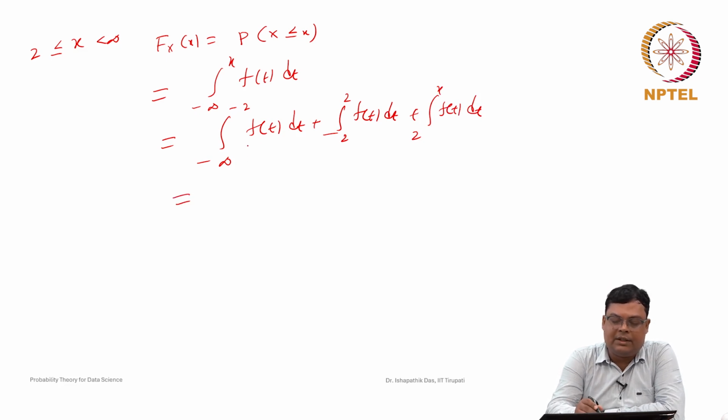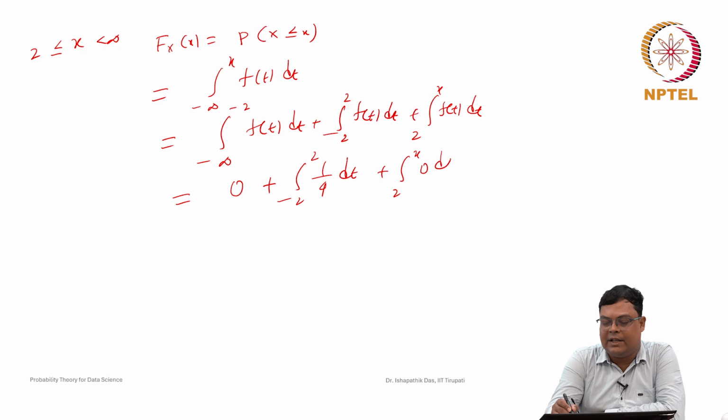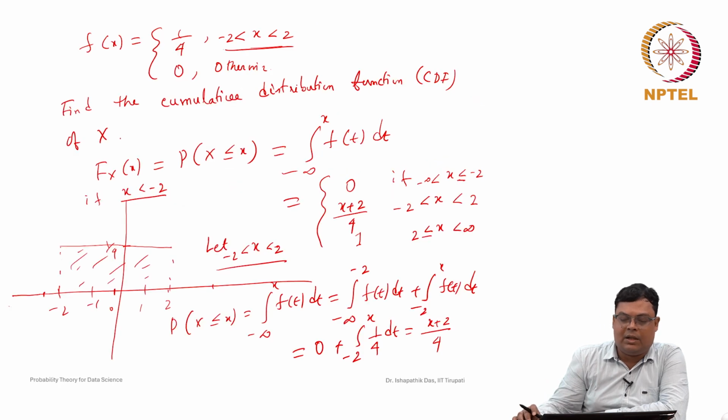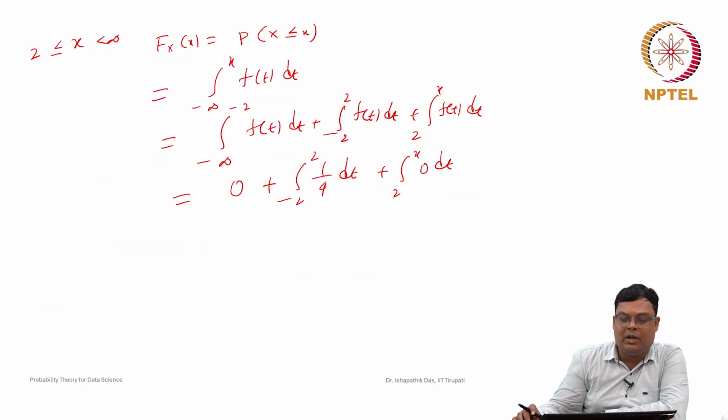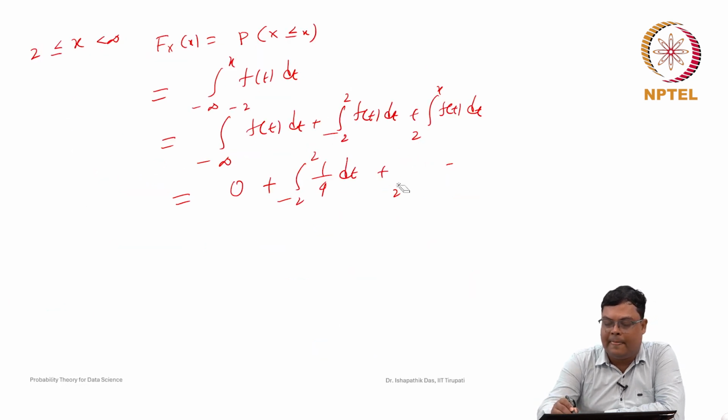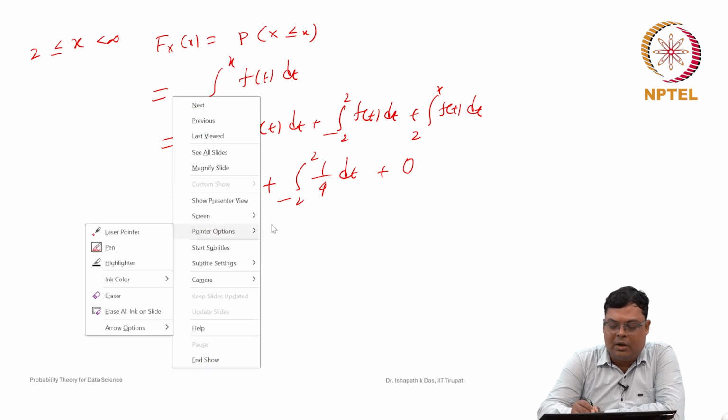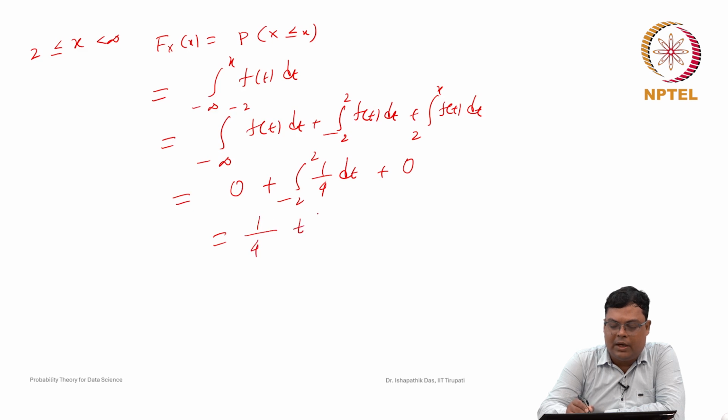Then this function is 0 from minus infinity to minus 2, so that will be 0, plus the integral from minus 2 to 2 of f(t) dt. In this interval the value is 1 by 4, plus from 2 to x, it is again 0, because by definition the density is 1 by 4 from minus 2 to plus 2 and 0 outside. So, if you do this integration, it is t by 4, and then applying the limits minus 2 to plus 2, 2 plus 2 is 4, so 4 by 4 is equal to 1.